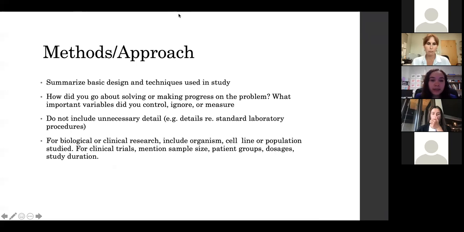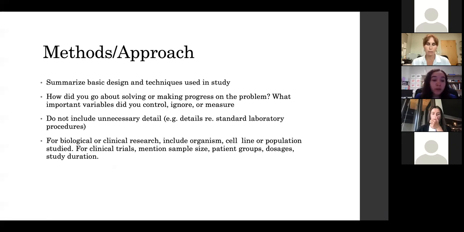To write the methods, it's always important to try to respond to this question: how did you go about solving or making progress on the problem? It's important to describe the variables that you controlled for your experiment, and to give as much detail as possible.